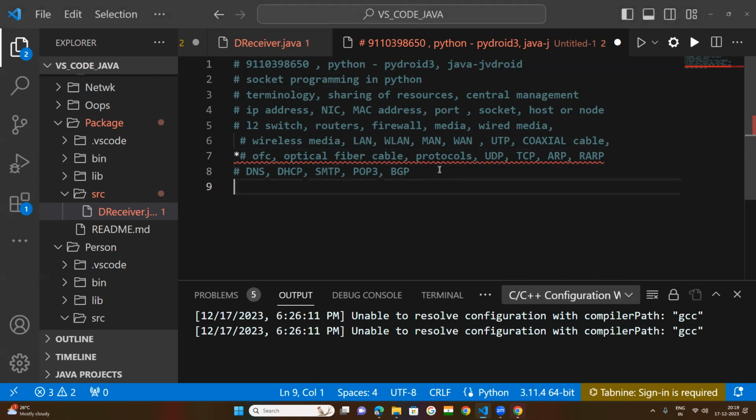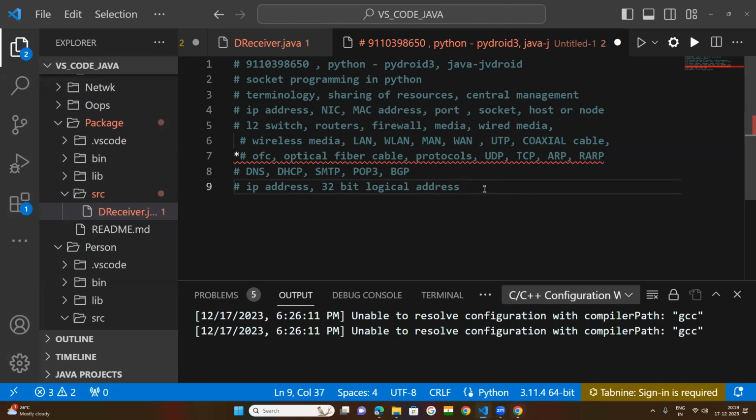Here, IP address. What is an IP address? IP address means it is a 32-bit logical address. It is called a logical address because it is not a permanent address.